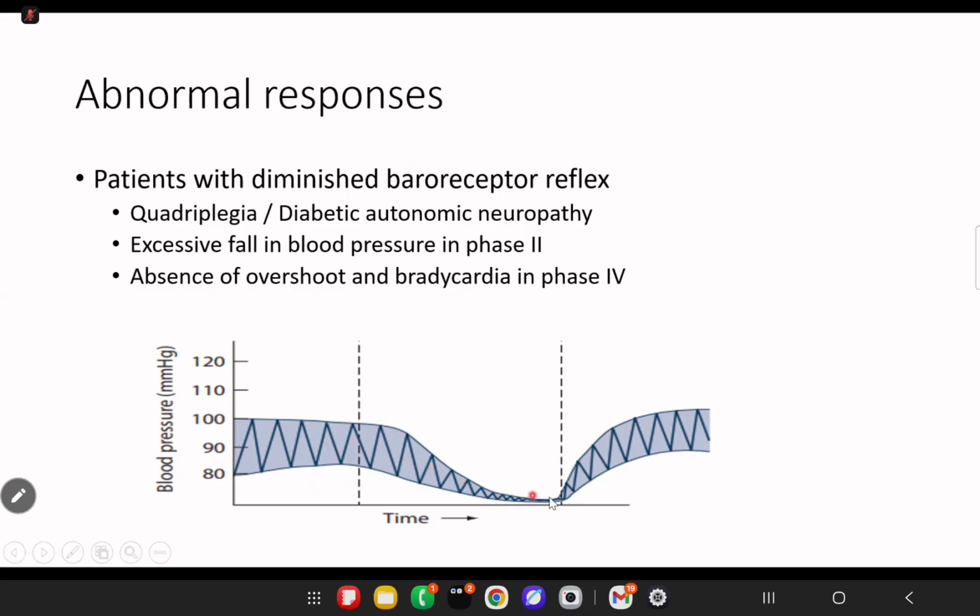Therefore, you start dropping your pressures. And then once your venous return is restored, you come back to normal. So there is excessive fall in blood pressure in phase 2 and absence of overshoot and bradycardia in phase 4. There's no bradycardia and no overshoot. So you simply drop your pressures, and once this thing is gone, you come back to normal.